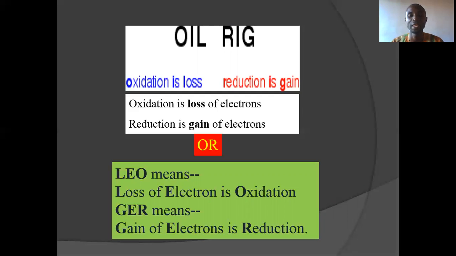That is OIL RIG. Now, another acronym we can use is LEO GER. LEO means loss of electrons is oxidation. GER means gain of electrons is reduction. So by this way, we can remember what oxidation and reduction are.